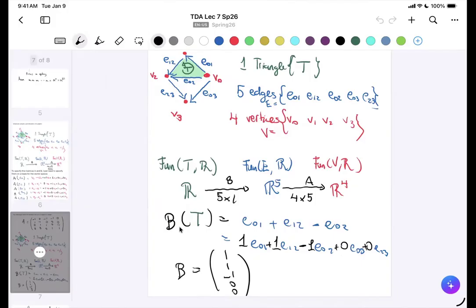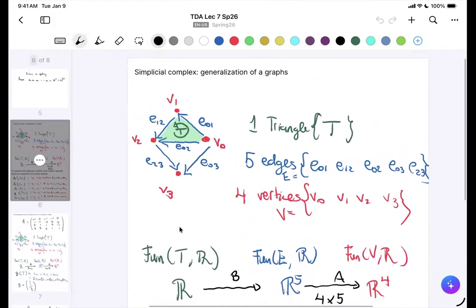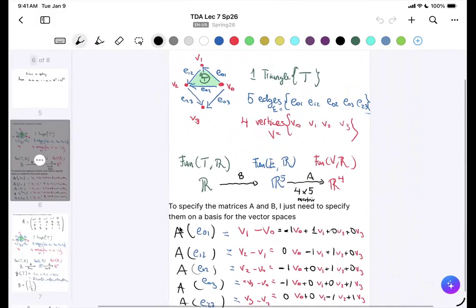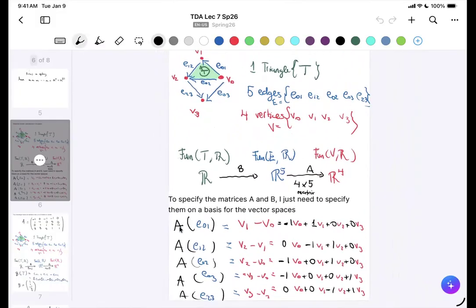But again, the idea is that each of these matrices is defined in the same way, trying to find the boundary of the object. The boundary of the triangle was three edges, and just to go back to the previous page, the boundary of each edge, well, they're finite segments, so it's just the endpoints of the intervals.